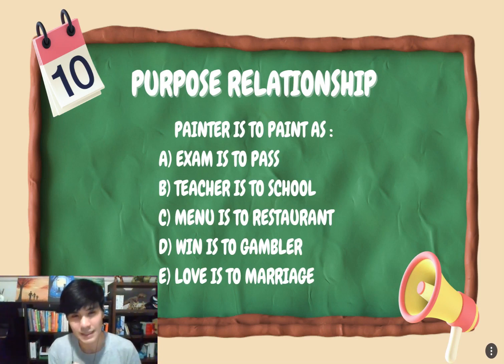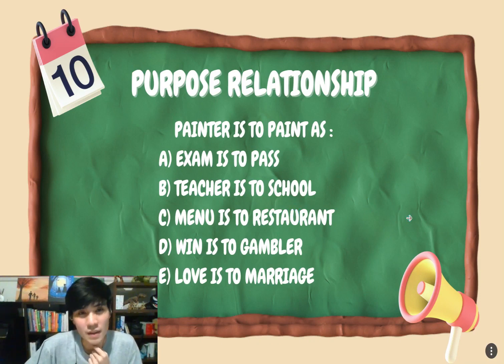So let's look at E. Love is to marriage. Love itself is associated with marriage, or basically people marry because they love each other, but it doesn't show a purpose. As a matter of fact, there is no performer or any agent of the performer. So your answer right here is going to be D.